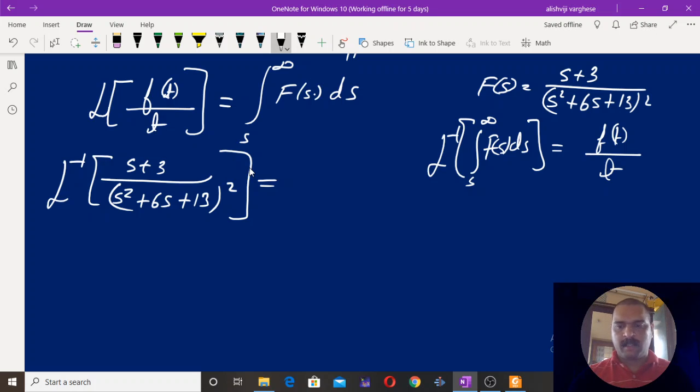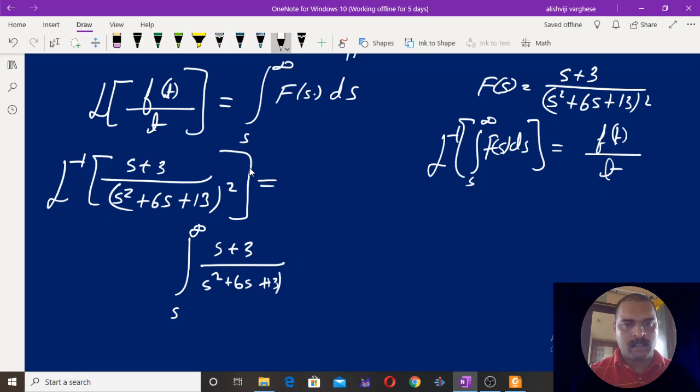So first we calculate integral s to infinity F of s ds, that is integral of (s plus 3) divided by (s square plus 6s plus 13) the whole square ds.